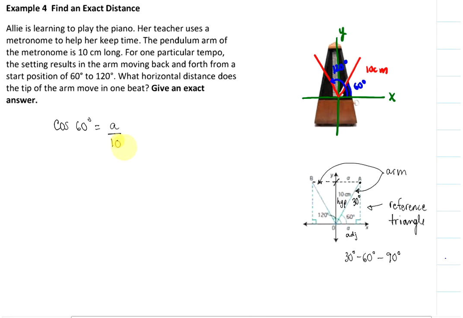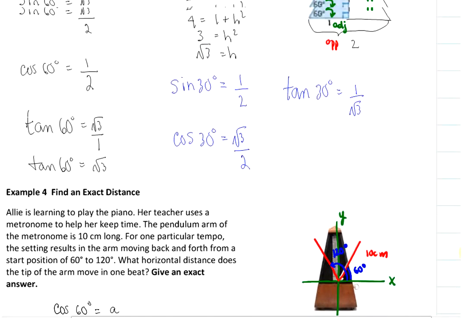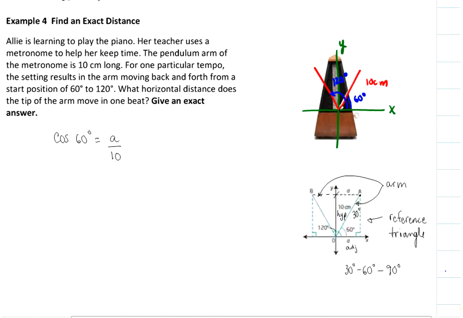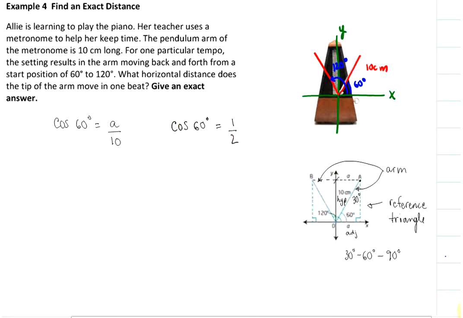Now if you go back to your exact values for the 30, 60, 90 triangle, it says that cos of 60 degrees is 1 over 2. And so I can therefore substitute a half in for cos of 60.